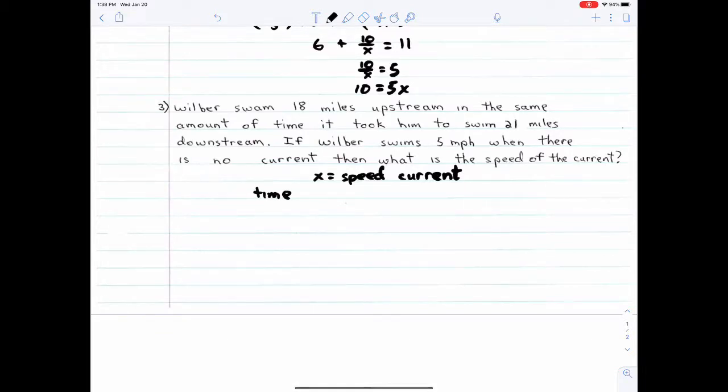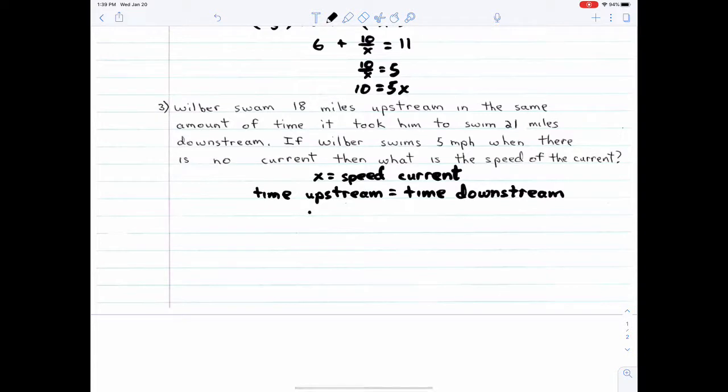In other words, upstream is against the current and downstream is with the current. So upstream you go slower. This is the same as problem number 4 on the last video.